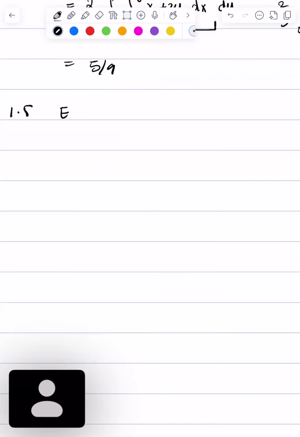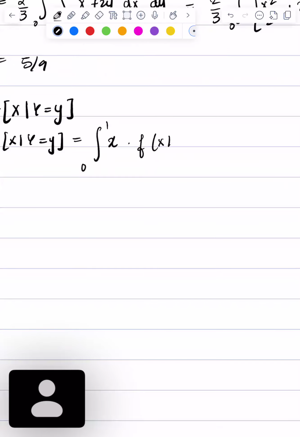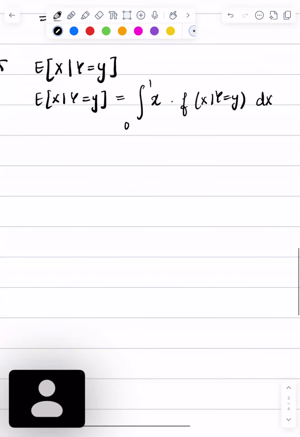now I want to calculate the expected value of x given y. So the way to do expected value is to find this term, the outcome times the PDF function of x given y dx. This dx bound is basically because x goes from 0 to 1.